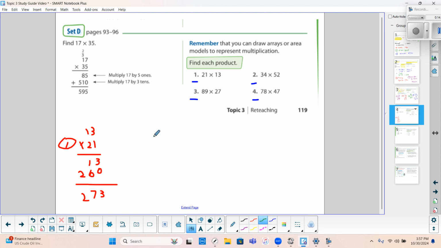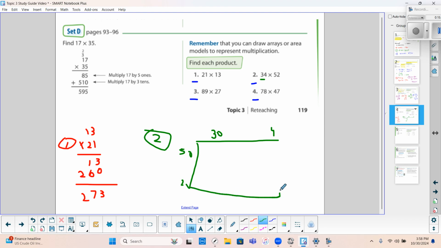All right. For number 2, I said I was going to do that with an array. So we have 34, which is 30 plus 4, and 52, which is 50 and 2. Okay, so what does this mean?